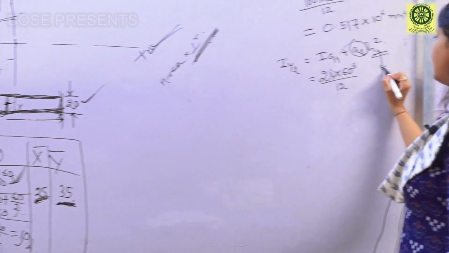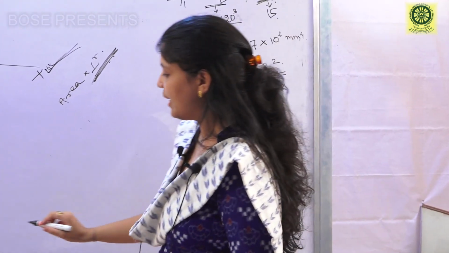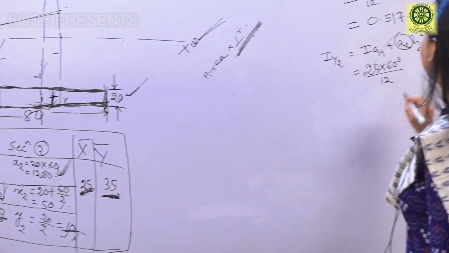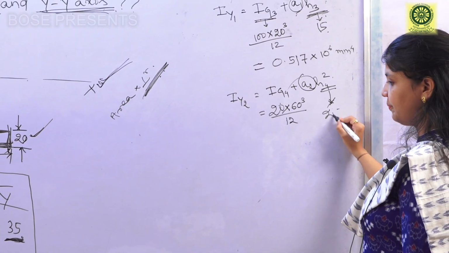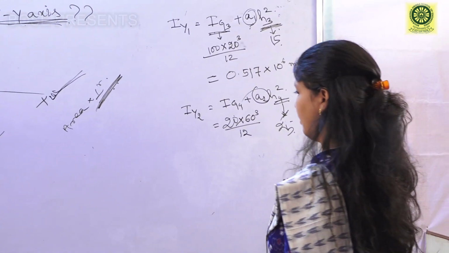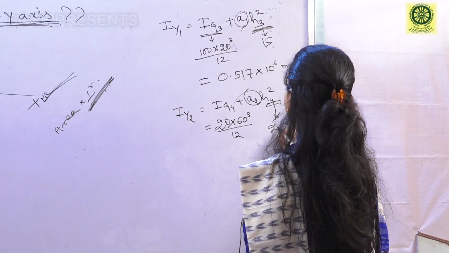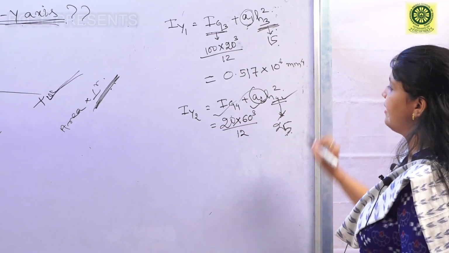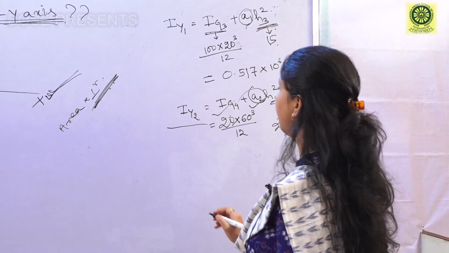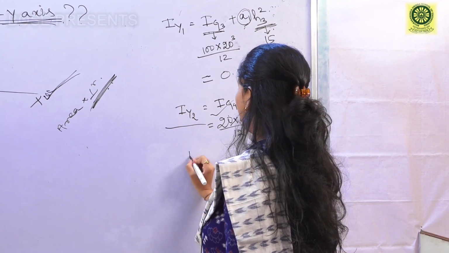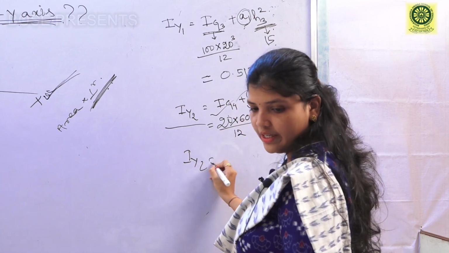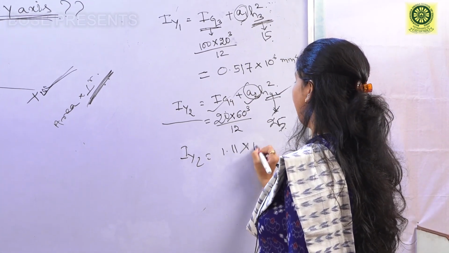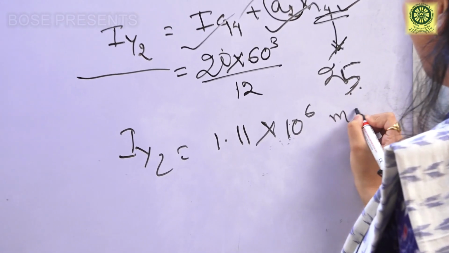Now H4 is the distance between our y bar and y2. So the distance is how much? That is 25. So after putting the values of Ig4, A2 and H4 in this equation, we will get Iy2 equal to 1.11 into 10 to the power 6 mm4.